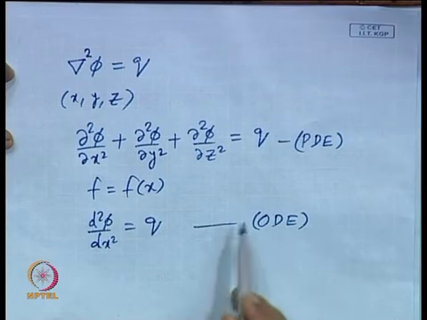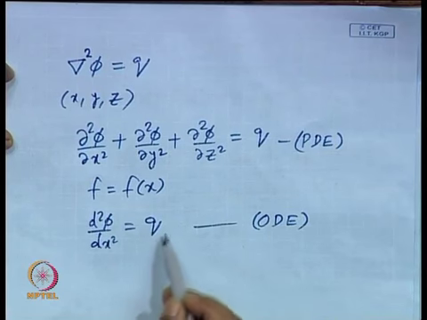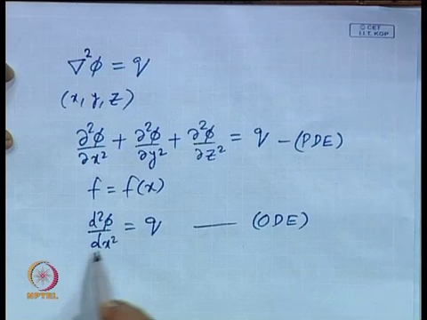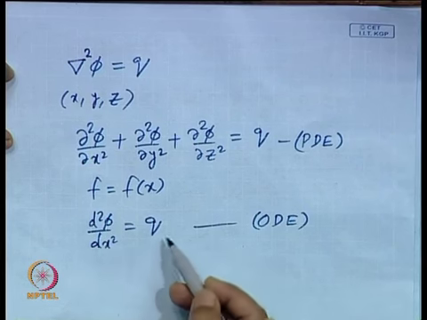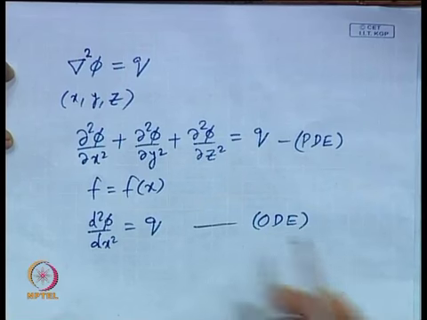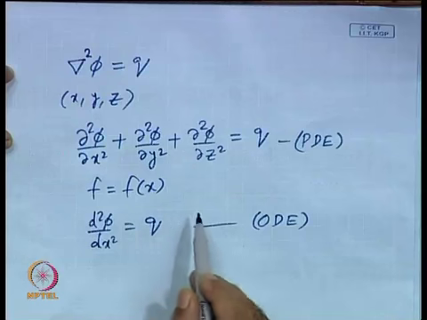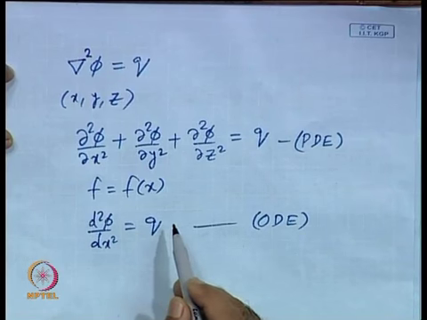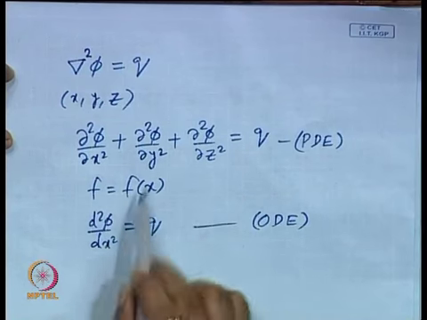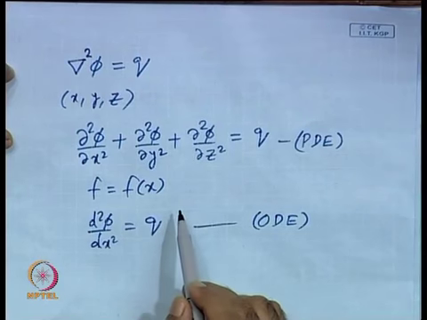Now if q is 0, then we have correspondingly the simplest second order ODE, d²φ/dx² equals 0. Okay. So, which can obviously be solved analytically, but depending on the complexity of the physical situation, we sometimes arrive at equations which cannot be solved analytically.